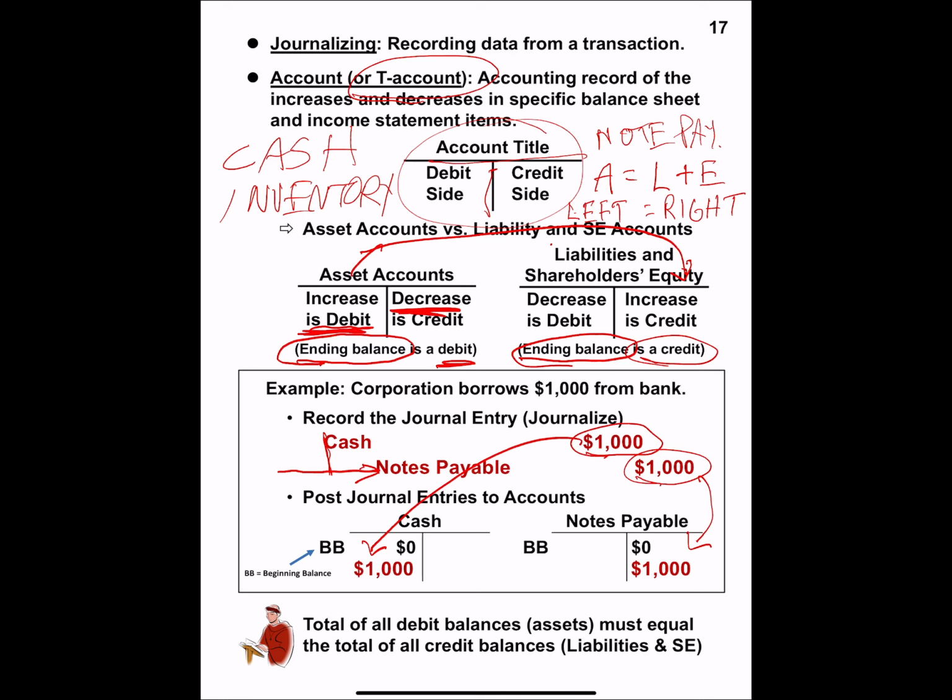And again, down here, note that all debit balances when we record journal entries must equal the total of all credit balances. And then when we get to the end of the period, total debits must equal total credits. Sometimes when you're first learning accounting, that doesn't work out. But yes, at the end of the period, total debits must equal total credits.